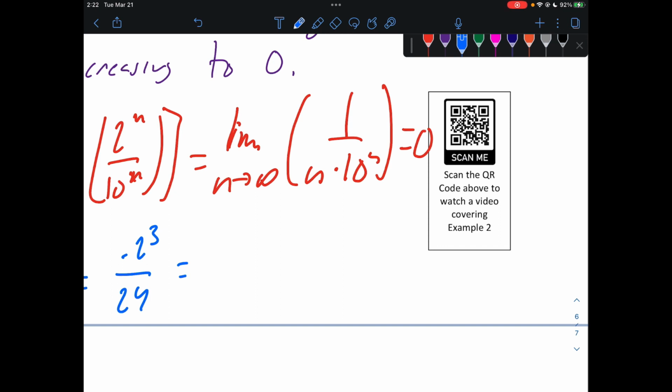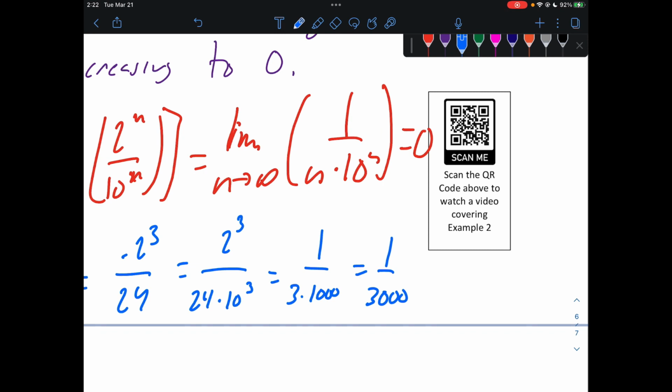So this would be 1/5 to the third, which we can think of as 2/10 to the third. So that would be 2 to the third over 24 times 10 to the third. 8/24 reduces down to 1/3. So I'm left with 1/3 times 1,000, which is 1/3,000. So I want that to be less than this, which is 0.001, which is exactly what we were asked to do in the original part of the problem.